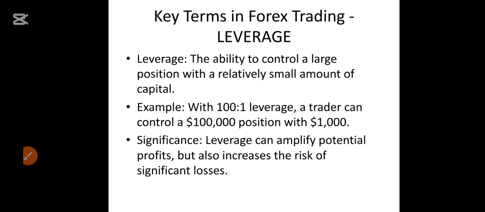Key terms in forex trading: one is leverage. We covered leverage the first time, about 4 slides away. So here is a bit more explanation about it. The ability to control a large position with a relatively small amount of capital. Example: with 100:1 leverage, a trader can control a $100,000 position with $1,000.